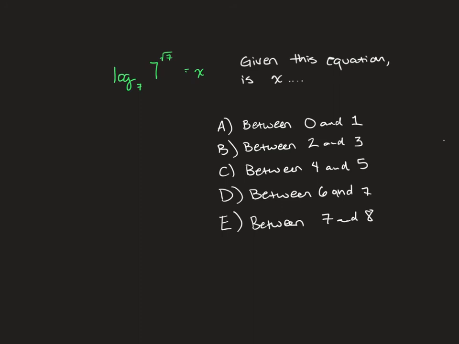Okay, then as part of our Desmos assignment today, I gave you an example. This is an example ACT problem. And it basically says, if we know this is true, what do you know about x? So log base 7 of 7 to the square root of 7 is equal to x.